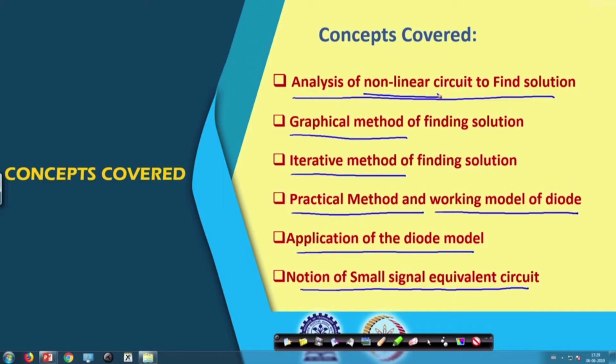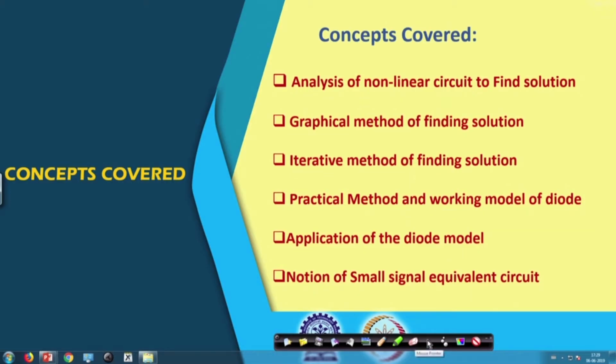Whenever we have a nonlinear circuit, it is very essential to translate it into a simpler form to manage the situation. So, let us also see what our weekly plan is, and how we are consistent with that.